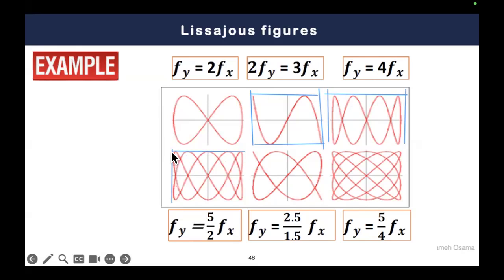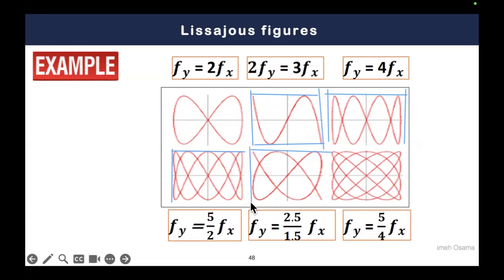So horizontally, 1, 2, 3, 4, 5. Vertically, 1, 2. So it's 5/2. Let's do it here. So here we have 1, 2, 3.